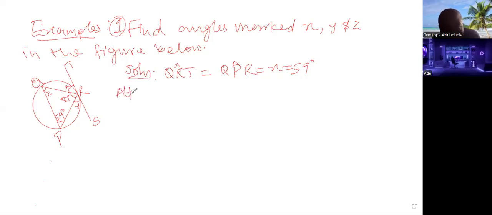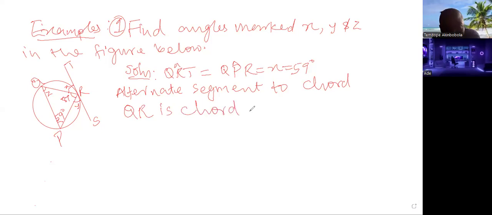Alternate segment to chord QR is called PR. So that means this one satisfies that condition. So angle S is 59, angle in the alternate segment.